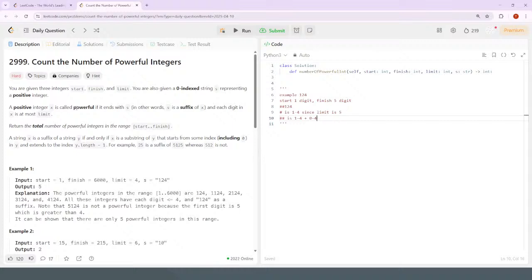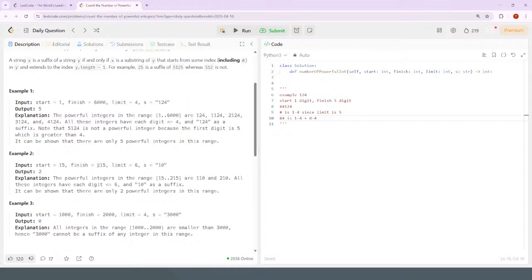Now, why is this difficult? For each digit, I guess the start and finish is not trivial.